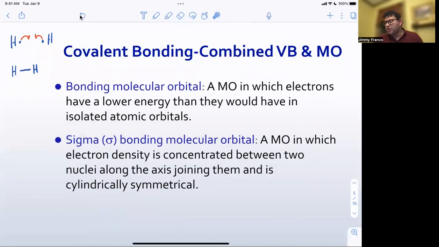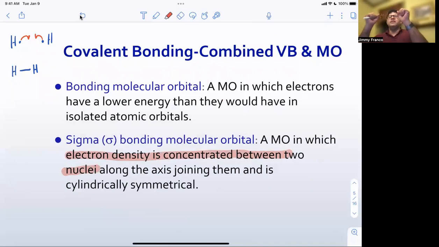One of the next things we're going to look at is that electron density is concentrated between the two atoms. Here are the nuclei, because that's all we can really see, and the electrons are over them. They lay across a cylindrically symmetrical axis. What that means is that when they overlap, they sit on top of each other.